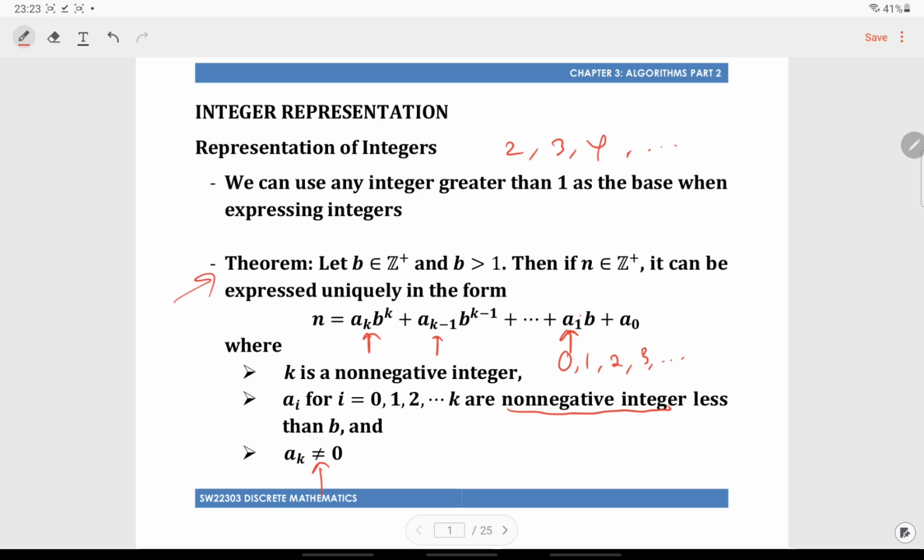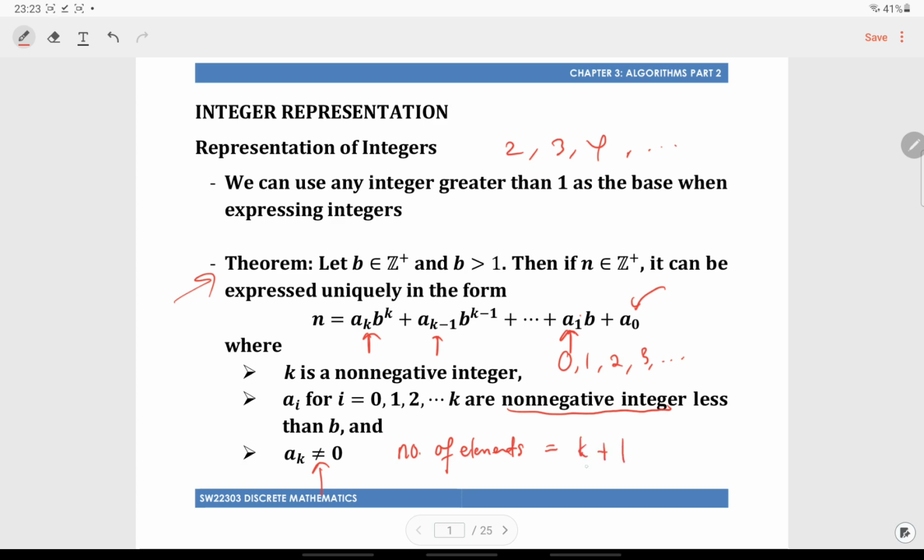But then we have another element, which is a naught. So the number of elements is equal to k plus 1.